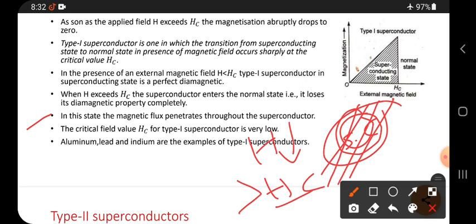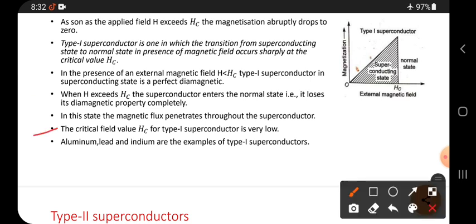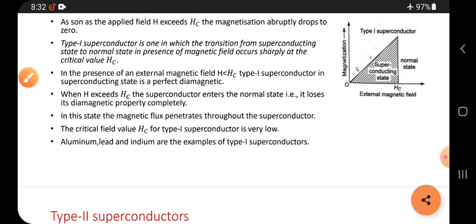It is a normal conductor, because it becomes magnetized and can act as a magnetic material. The critical field value Hc for a type 1 superconductor is very low. So if we apply even a very small H value, the superconductor is simply converted into a normal conductor.